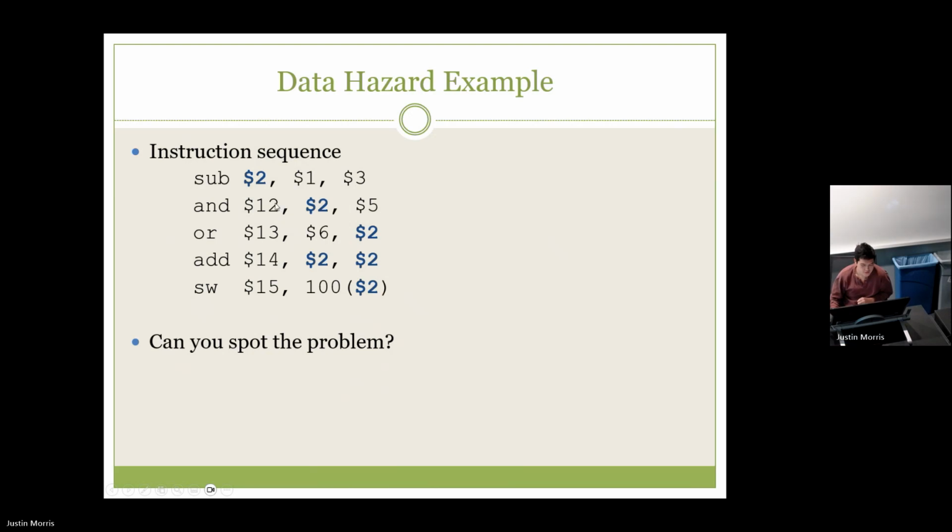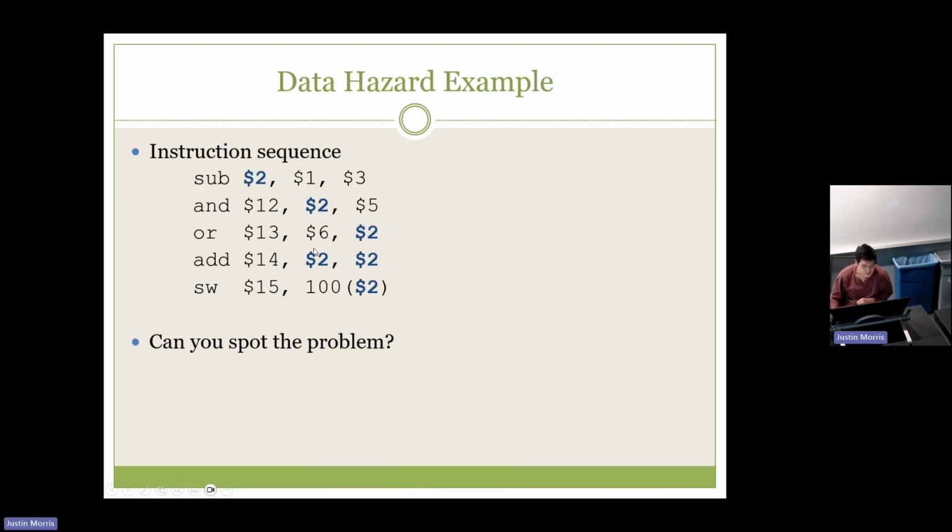But what I also wanted to point out was, does this say add have a real problem here? No, because by that point, the sub has finished its write back in the pipeline.